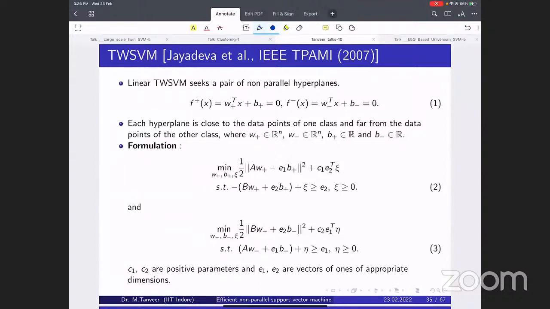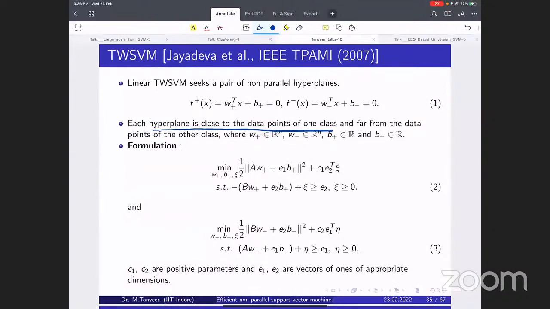You can see that the linear twin SVM looks for a pair of non-parallel hyperplanes, like W transpose X plus B equal to 0, for the positive and negative class. The idea of twin SVM is essentially that each hyperplane is close to the data points of one class and far from the data points of the other class.